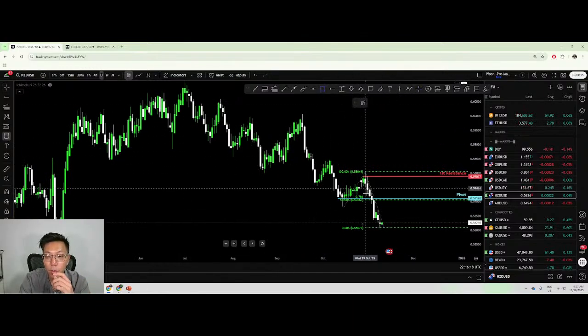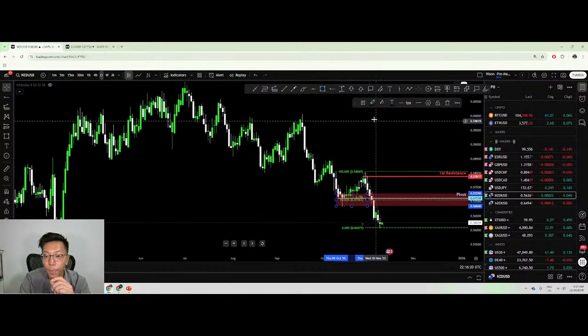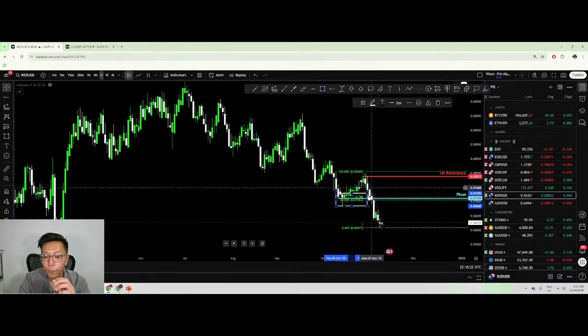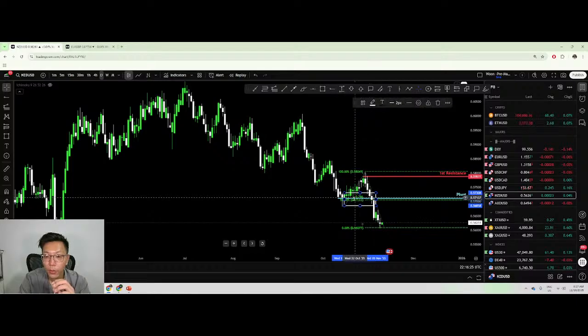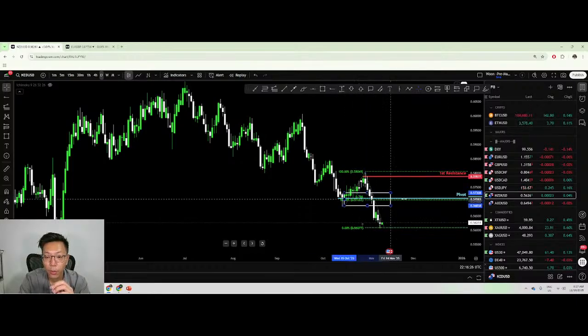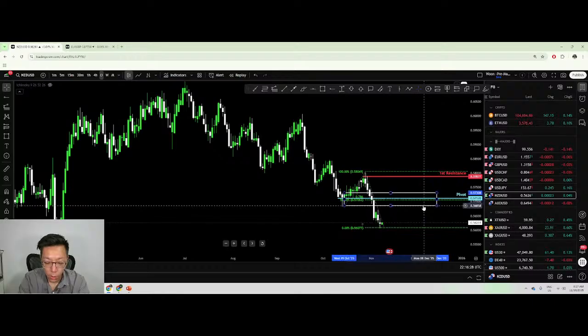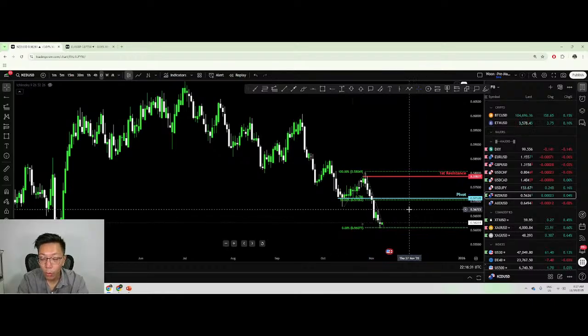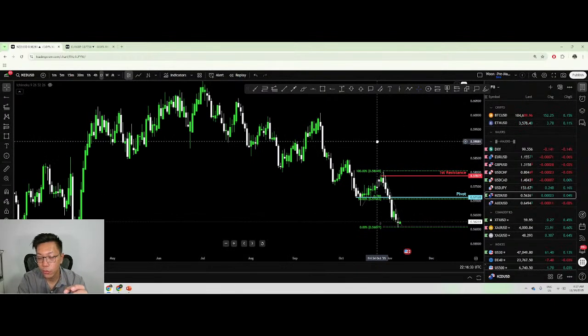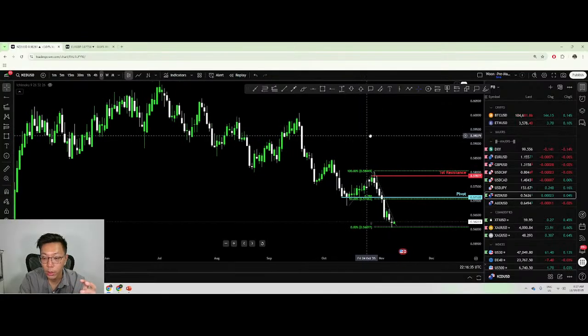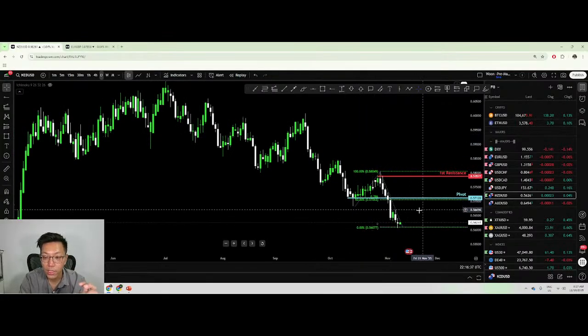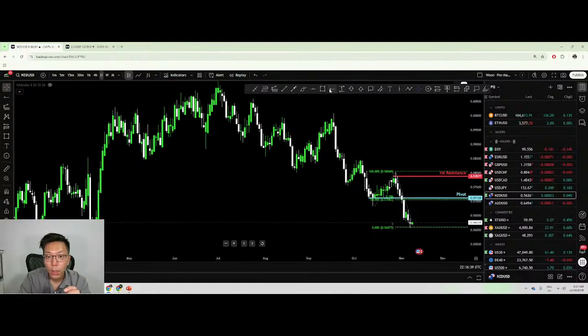Why? Because we have Fibo confluence right at this area over here. Once we have Fibo confluence, this gives us extra confirmation that this sell entry is valid. This shall be my first support as well.